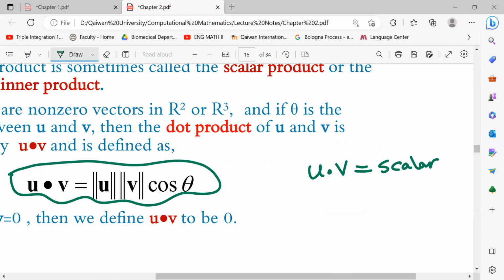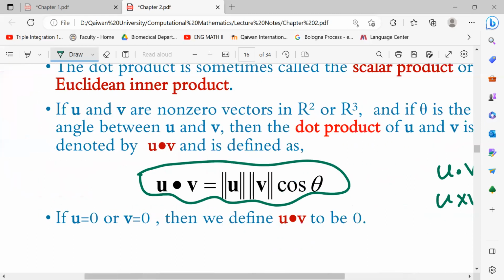For cross product, U cross V, we get a vector. In the cross product of two vectors, we get another vector. But in the dot product of two vectors, we get only one value. We get a scalar.